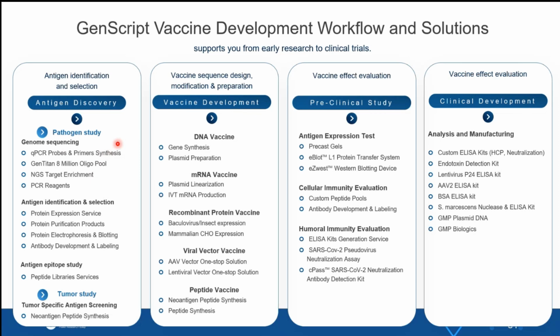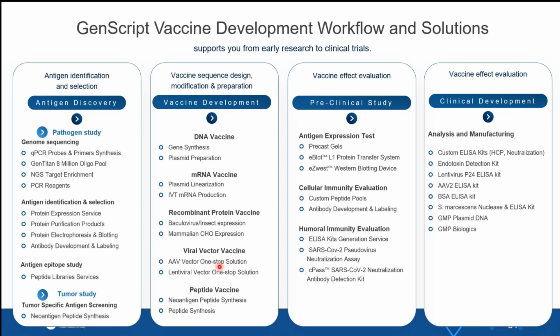After the antigen is identified, the next step is the vaccine sequence design, modification and preparation. You can choose different types of vaccines, and we can support you from gene synthesis to plasmid preparation, then to IVT mRNA production, or you can choose different cell types for protein expression.